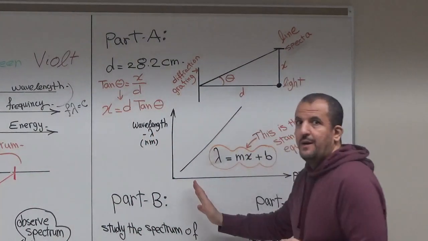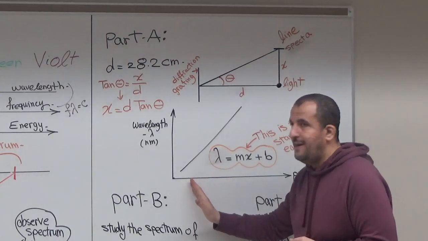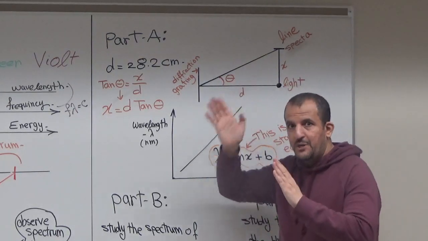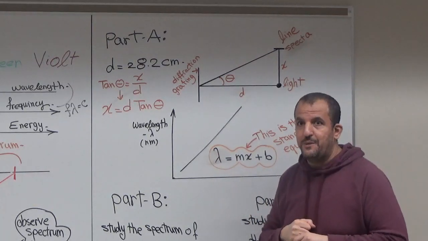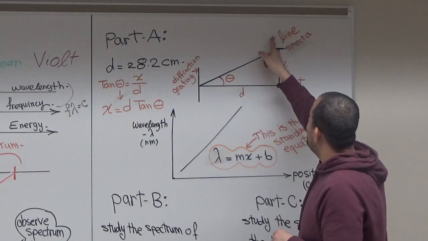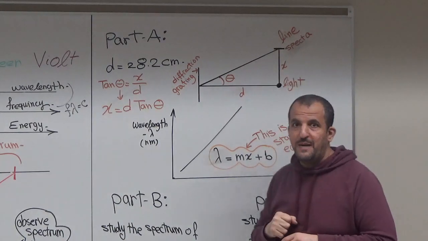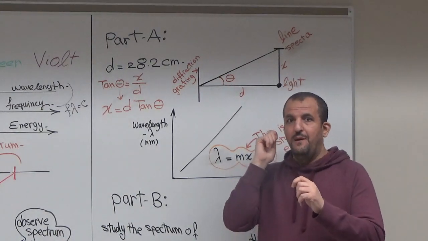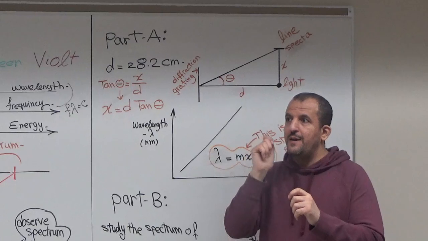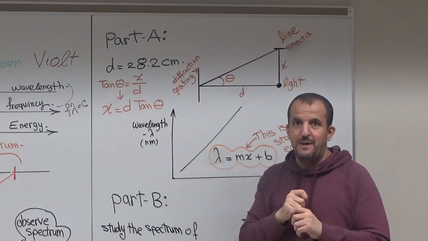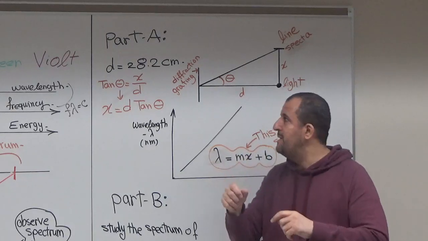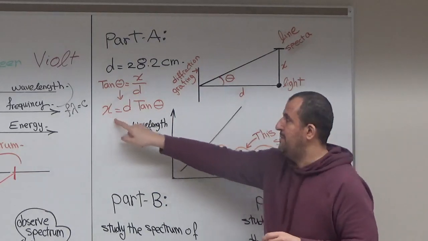You need to measure the angle theta for each one of the spectrum lines. So each line spectra will give you a position. You will try to measure the angle first for this line spectra, and then calculate the position for the line spectra using this equation.